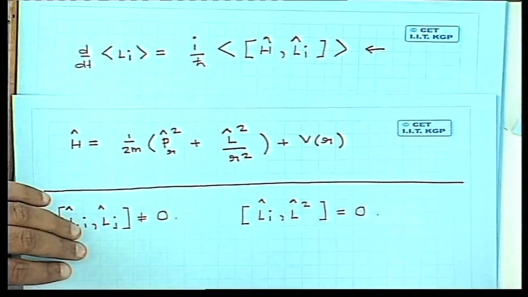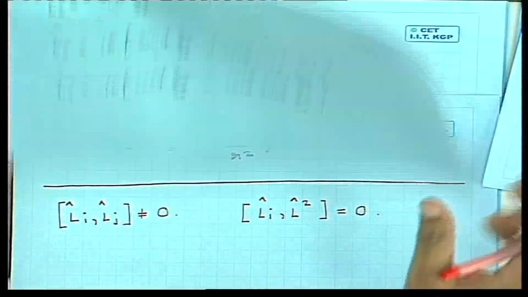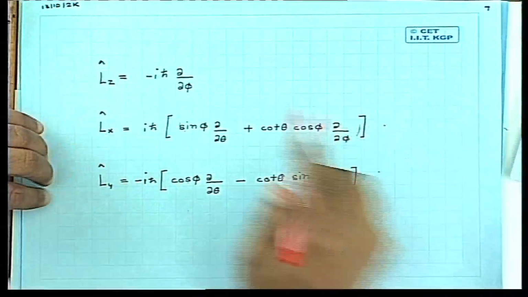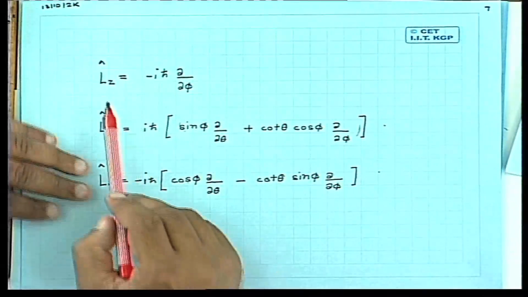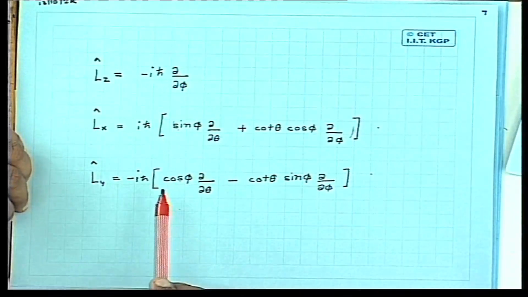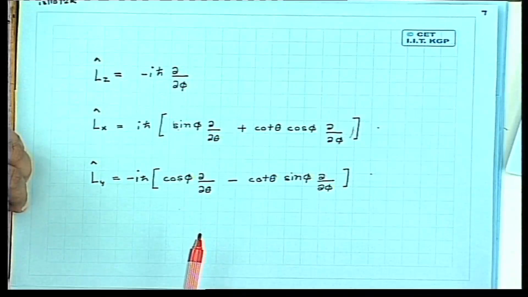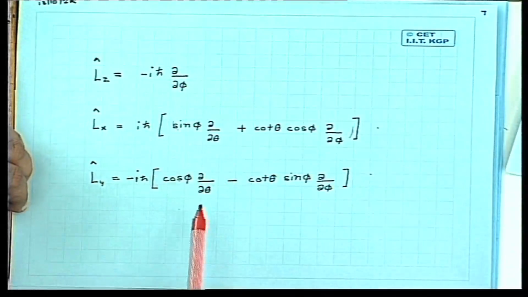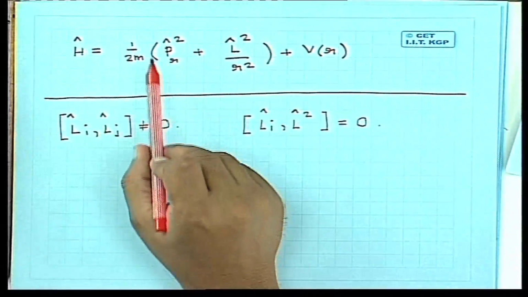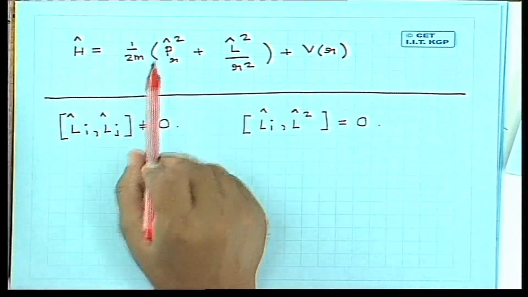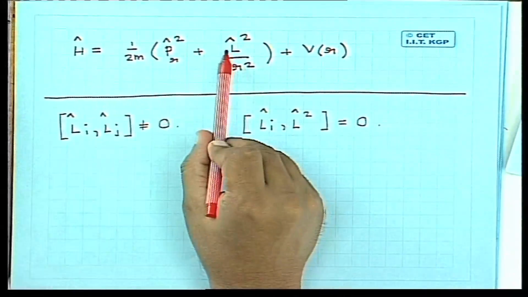We have just worked out what L is in a spherical coordinate system, and we see that the different components of L, Lx, Ly, Lz, all of them involve derivatives only with respect to theta and phi. Now in the Hamiltonian we have two terms. We have p radial squared, the radial momentum squared, and we have the angular momentum squared.